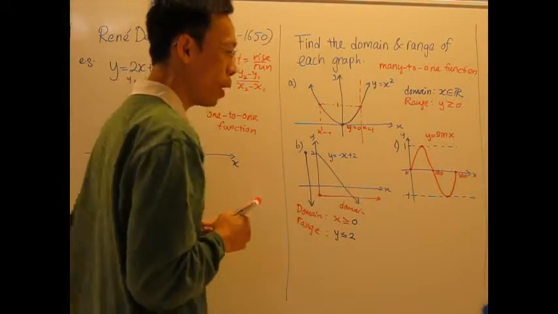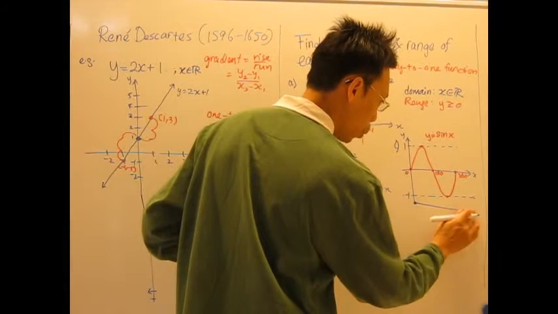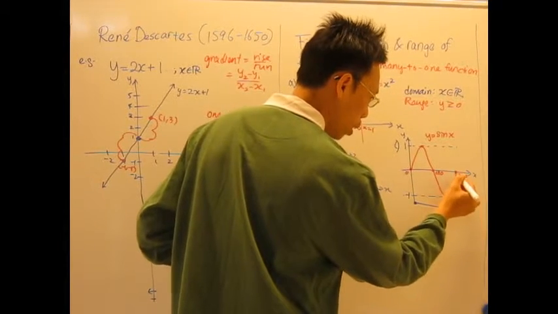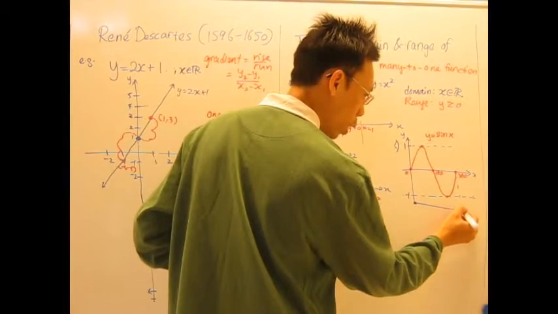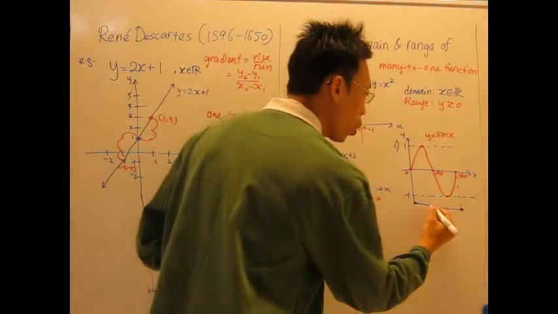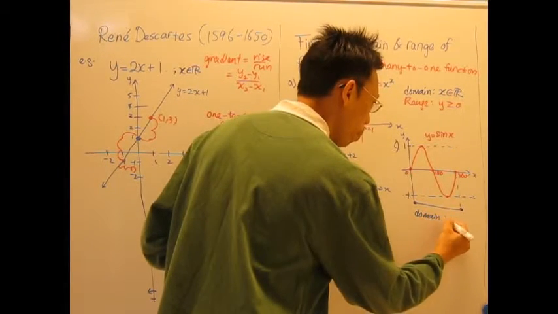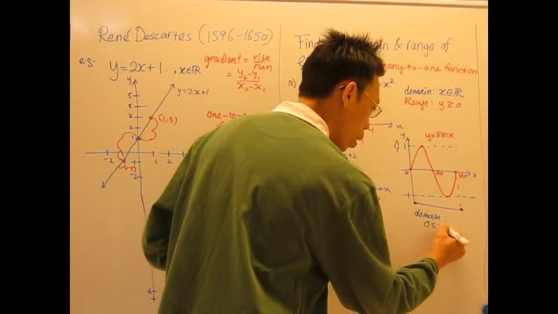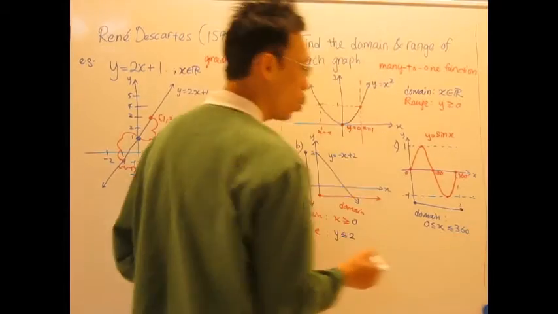Over here, what's the domain? Well, the domain here is this, up to this part. See, the black dot here means inclusive. Open dot means not included. So this is a black dot, meaning included. So the domain here is from 0 to 360 inclusive.